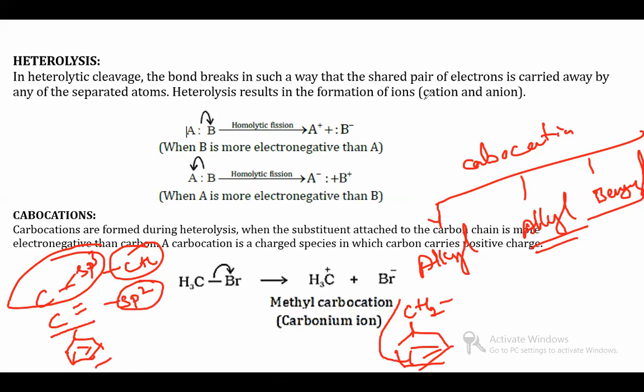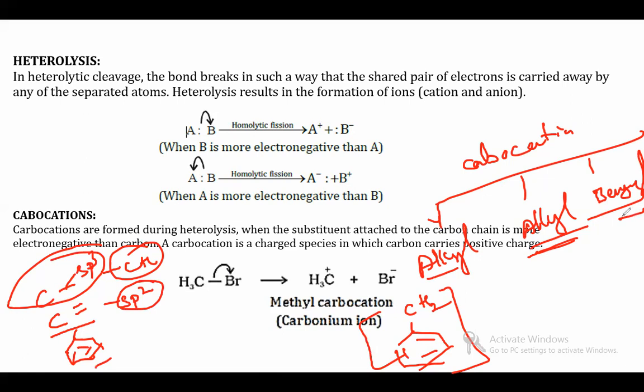This is the benzene ring, and attached to a CH2 group, any CH2 group, it is called benzyl. So I think you are familiar with the words alkyl, allyl, and benzyl: sp3 carbon, sp2 carbon, and benzene with CH2 group.